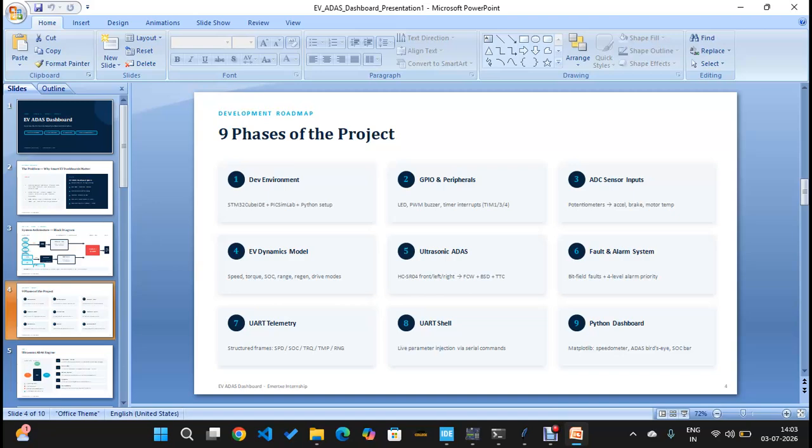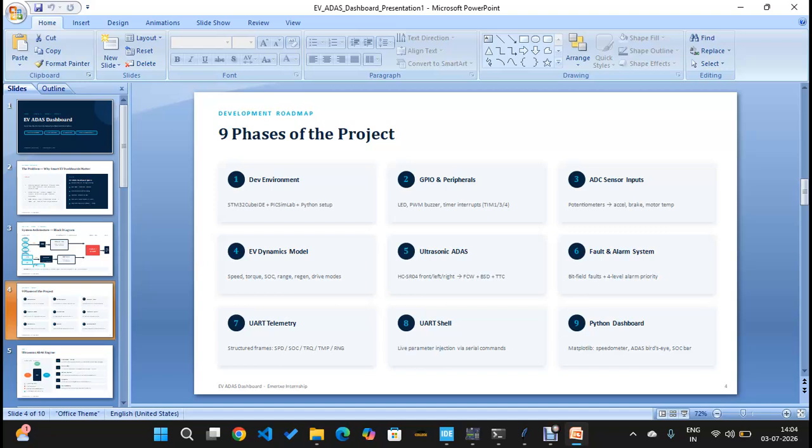Then ultrasonic ADAS. This is my ultrasonic ADAS, which means we have three ultrasonic sensors: left, right, and front. The left sensor detects the left distance. If our car gets close to other vehicles on the left side, or if there is any obstacle, an alarm will trigger and tell us that we have to be safe and all that.